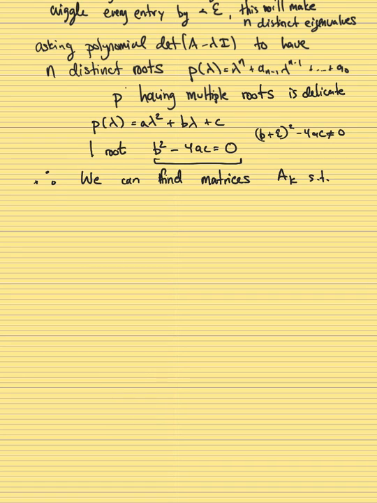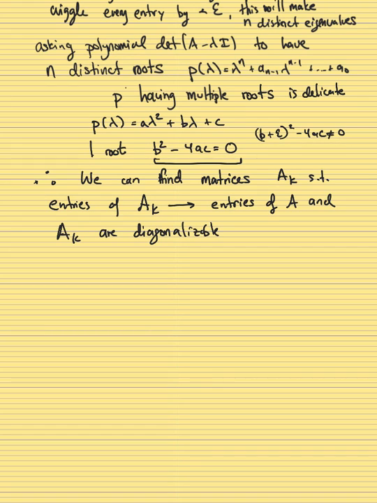so that the entries of AK converge to the entries of A, and the AK are diagonalizable, and therefore satisfy Cayley-Hamilton.